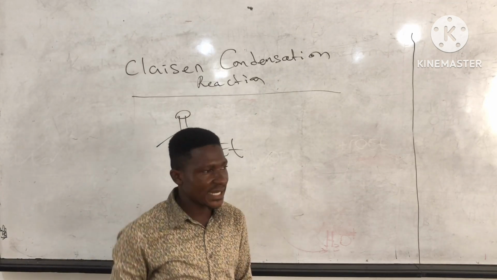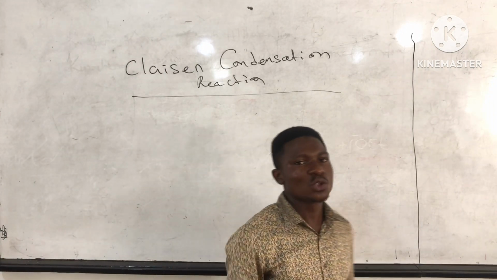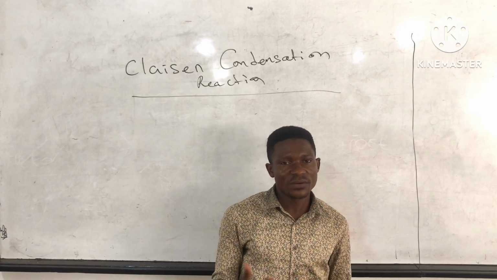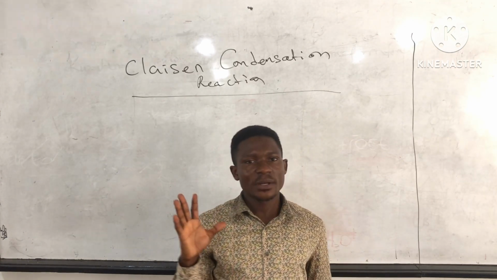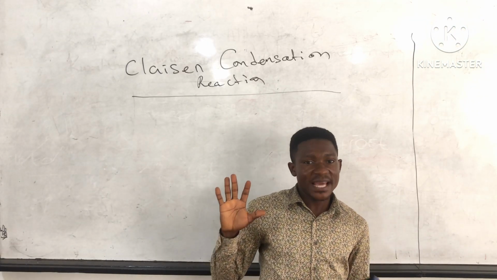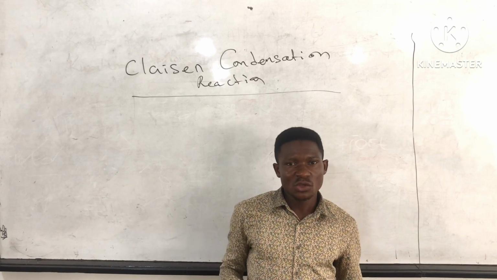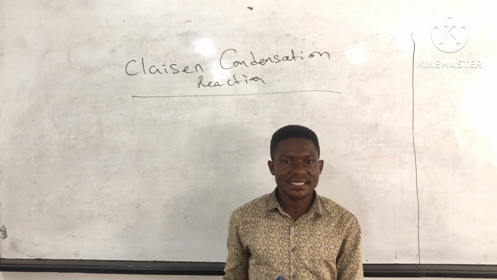But if you are dealing with a mixed Claisen condensation reaction, then it means that we are going to be working with two different esters. One exception is that even though Claisen condensation works only with esters, for the mixed Claisen condensation you can have a situation where a ketone will end up reacting with an ester.